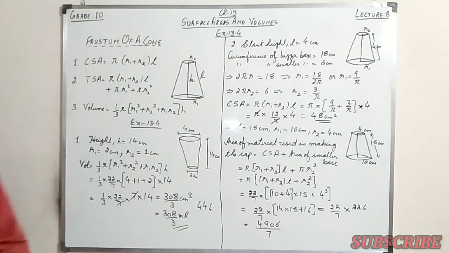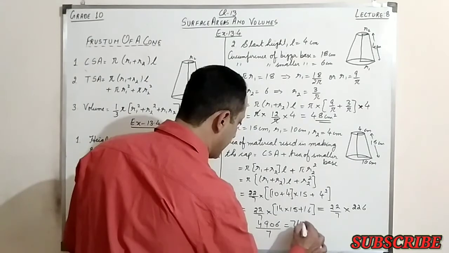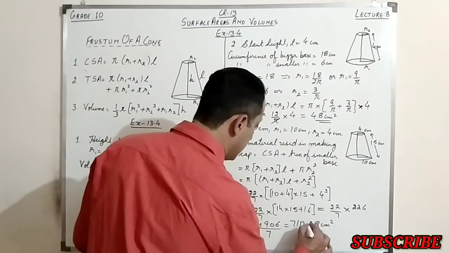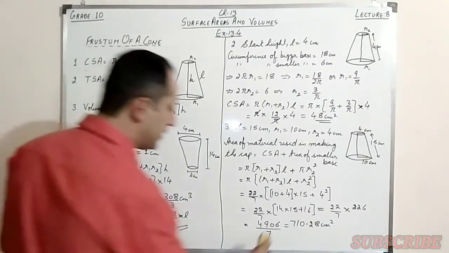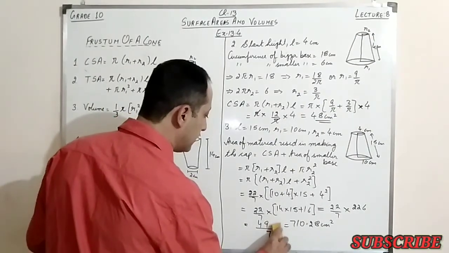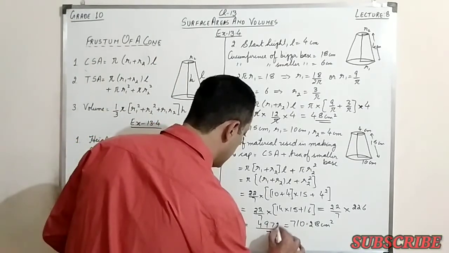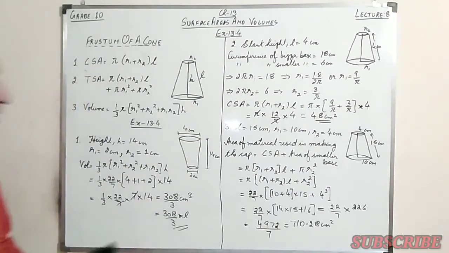So when we divide this, we get the answer as 710.28 centimeter square, right? There is a slight mistake earlier, this is 4972. So we get 710.28 centimeter square.